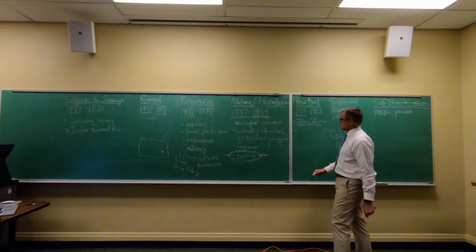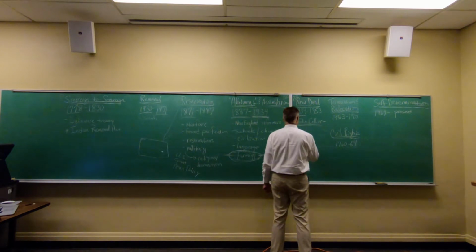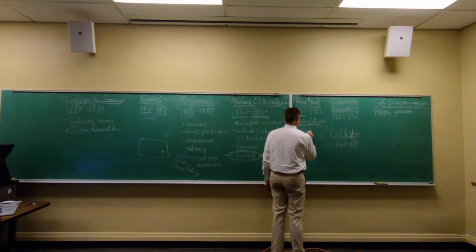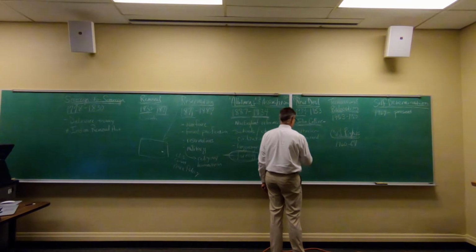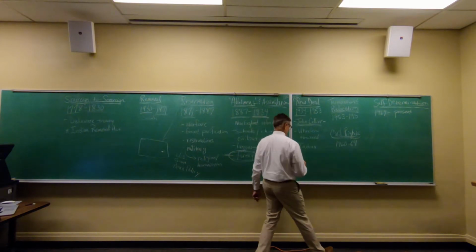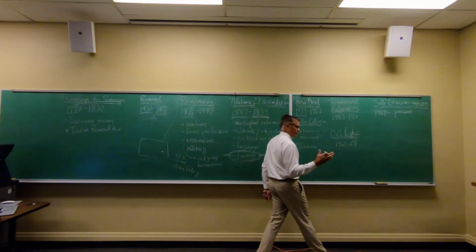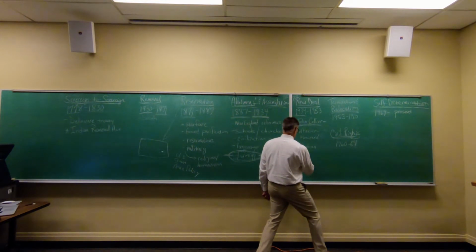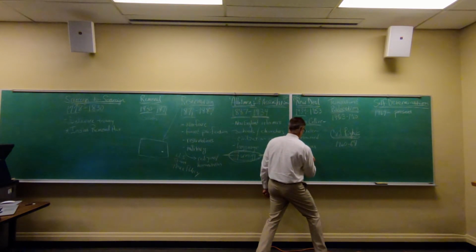And a couple of important pieces of legislation during this period included the Wheeler-Howard Act, otherwise known as the Indian New Deal, which is kind of the slang version, but Indian Reorganization Act, right?